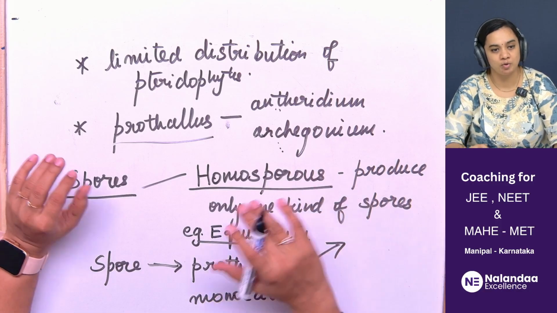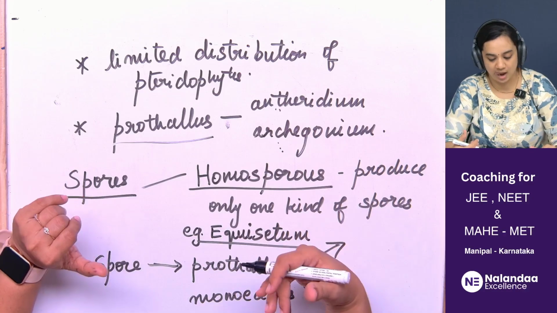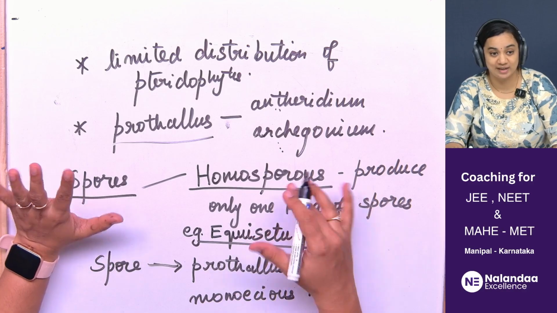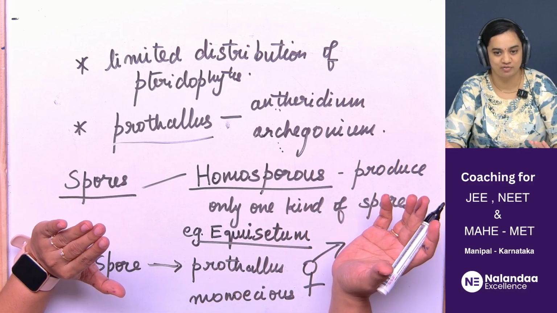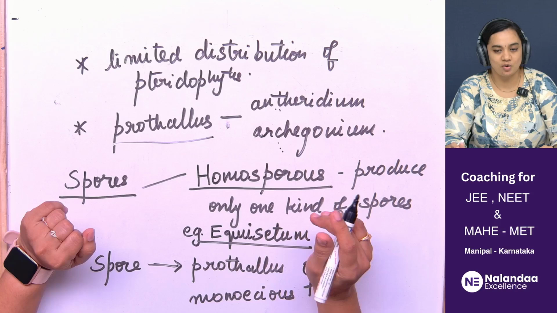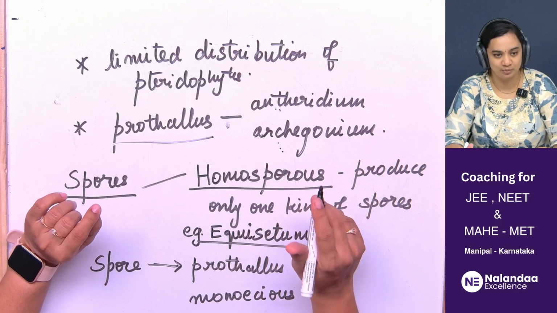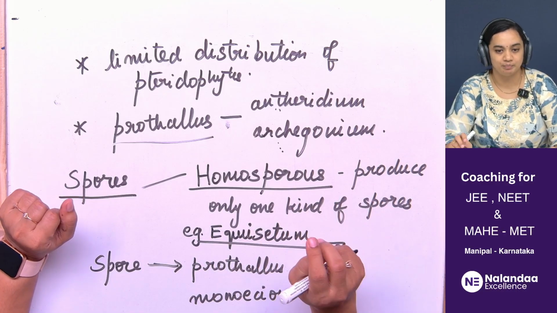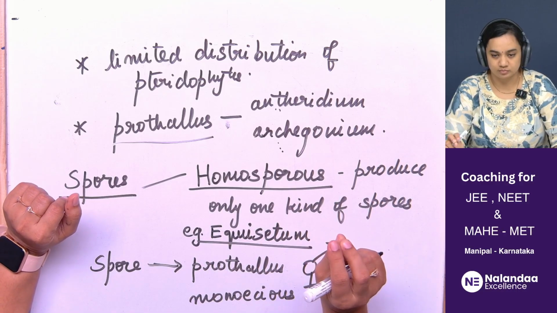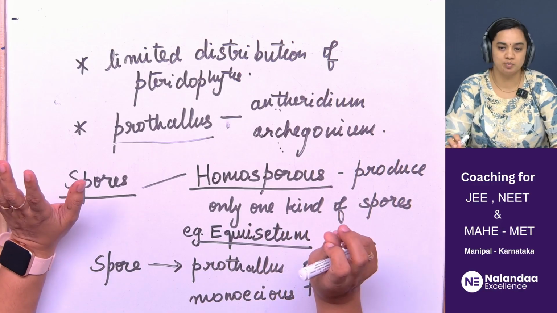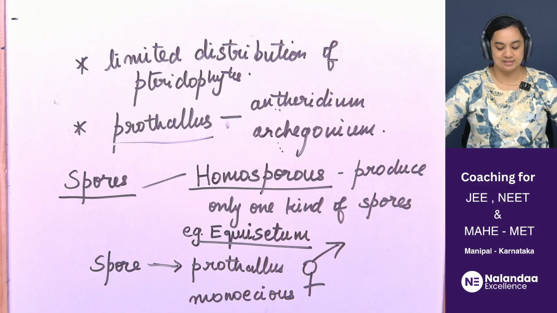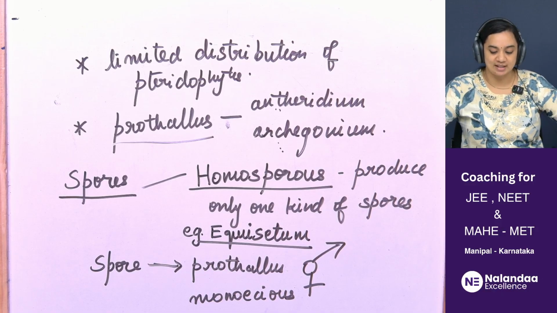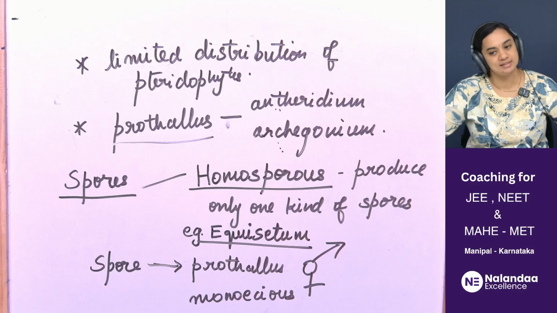A homosporous pteridophyte will produce all spores that look similar. So any of that spore, when it germinates into a prothallus, will produce a bisexual prothallus, which means antheridium and archegonium present on the same prothallus.